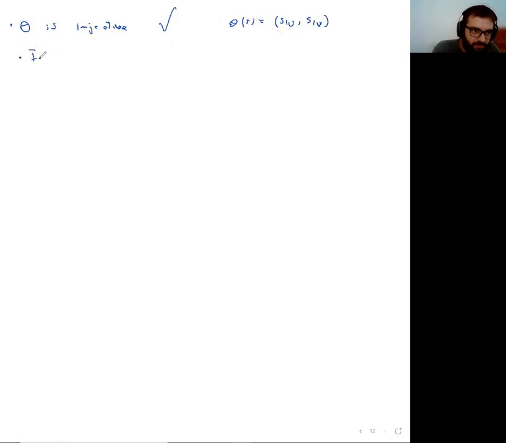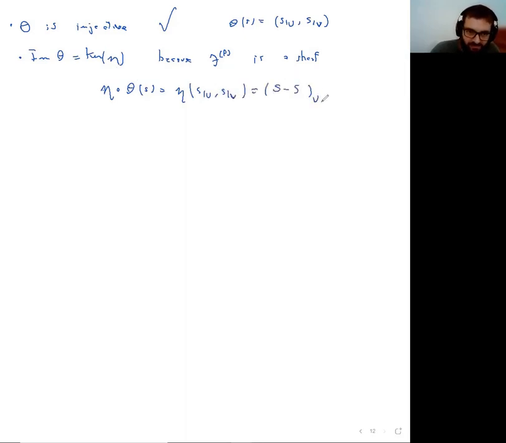We also get that the image of theta is the kernel of eta, because F^p is a sheaf. Let's show this. If you compose eta with theta of s, this is theta of s restricted to U, s restricted to V, so this is just s minus s. So one direction is easy: the image is contained in the kernel.